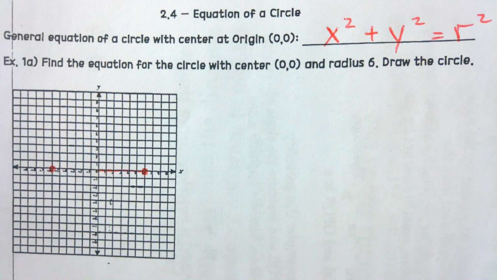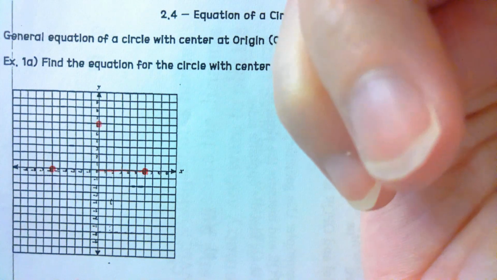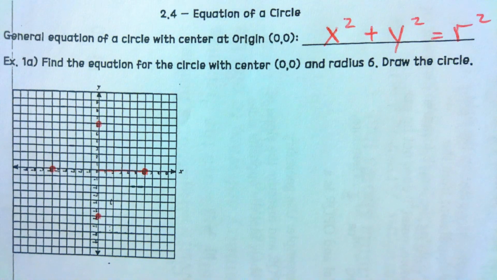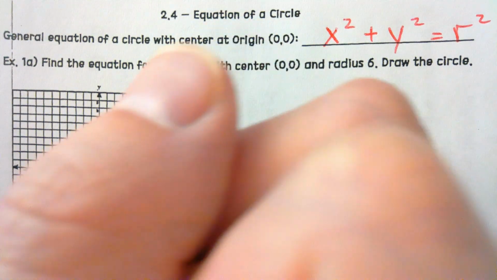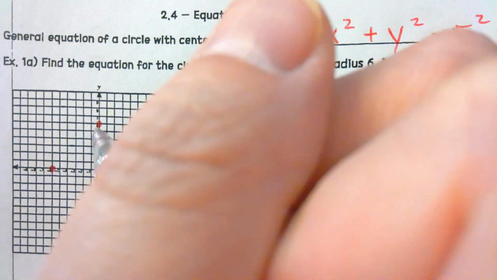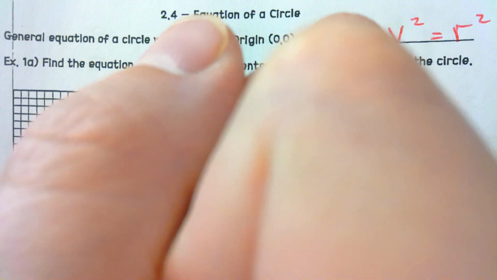Gavin? 0, 6. And one more. William? 0, negative 6. Okay, so not rocket science here, right? Because your radius is the same throughout the whole thing. I'm not drawing a diamond. So don't take out your ruler. I'm drawing a circle.